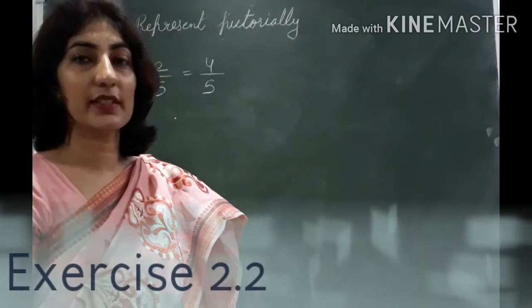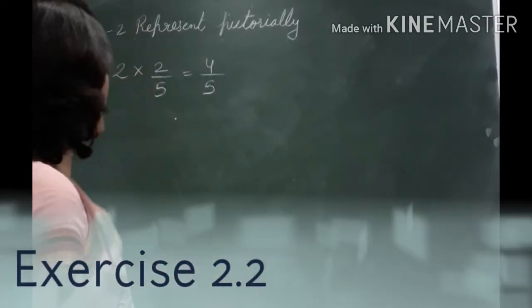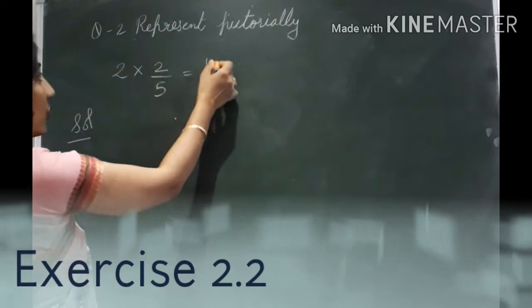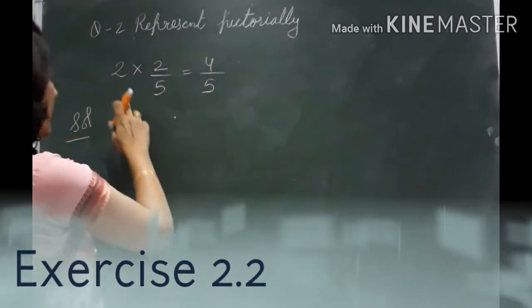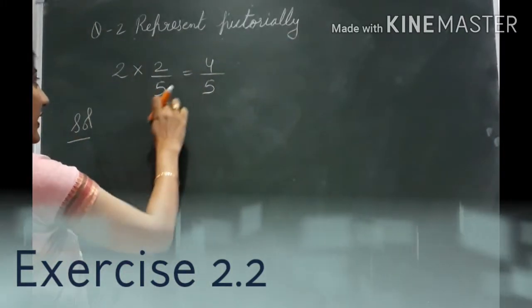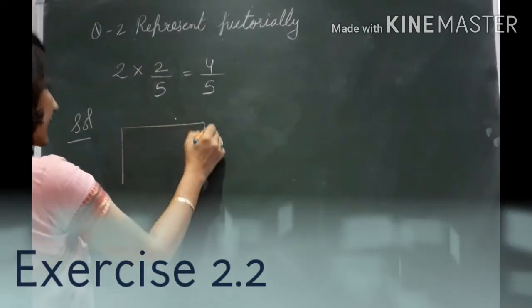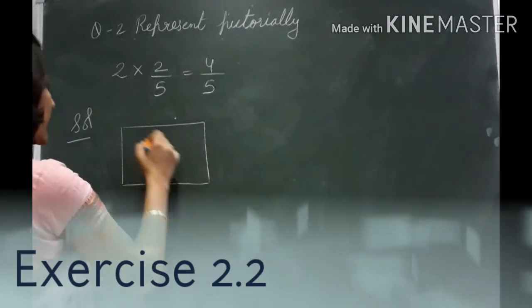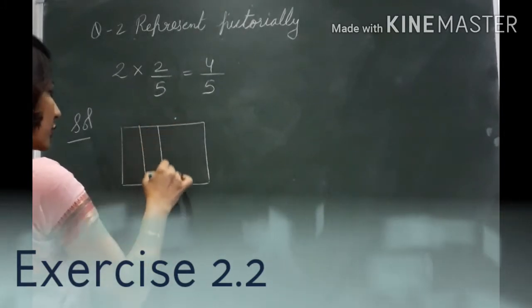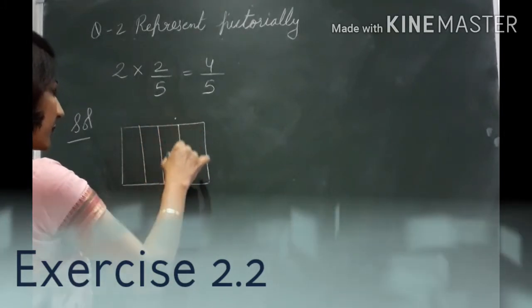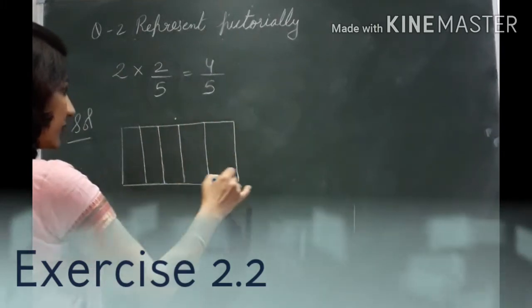Question number 2 is represent pictorially 2 multiplied by 2/5 and 4/5. 2 multiplied by 2 by 5. So 2 by 5, if I represent in the form of a picture, I will draw a rectangle, divide it into 5 equal parts, 1, 2, 3, 4 and 5.